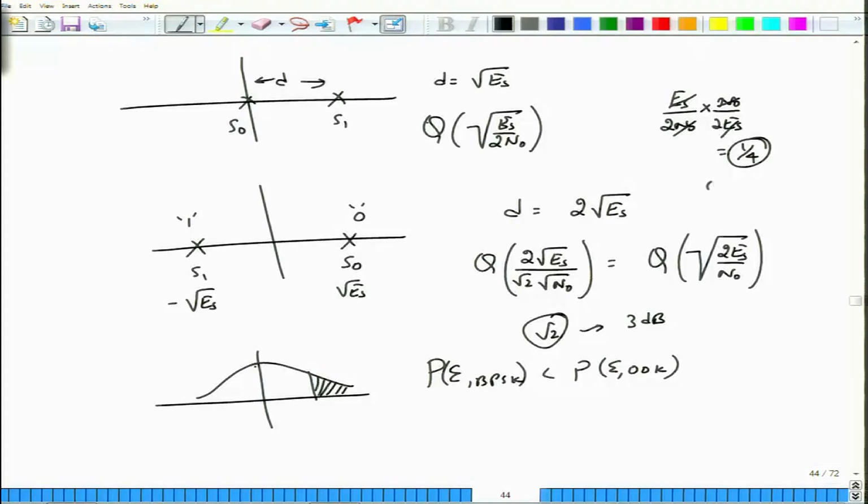That is to say, the on off keying x value is only 1 by 4th of the BPSK x value here. So, if this corresponds to on off keying, then BPSK would be 4 times larger, and therefore that would correspond to this point, and clearly the area under this red curve will be much smaller than the area under the on off keying system. The ratio of these 2 points is about 1 by 4. So, BPSK is better than the on off keying system.